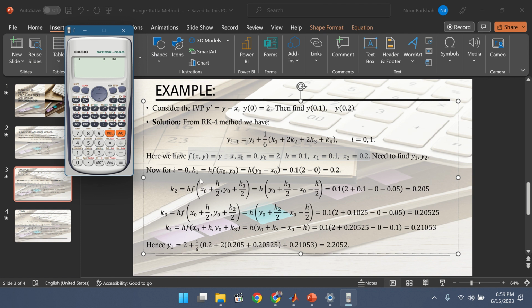And the second thing is I'll be taking x naught plus h by 2 here and here. So I may call this x naught plus h by 2 simply something like f or e. Because if I use x plus m by 2, we may run out of space later on when we put all these values, because it's a long expression.